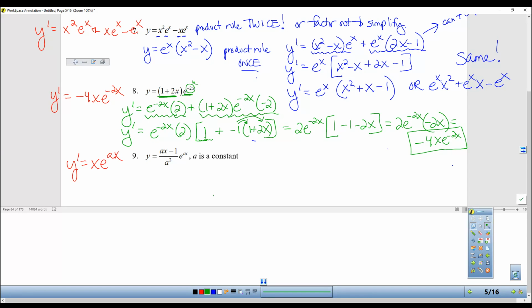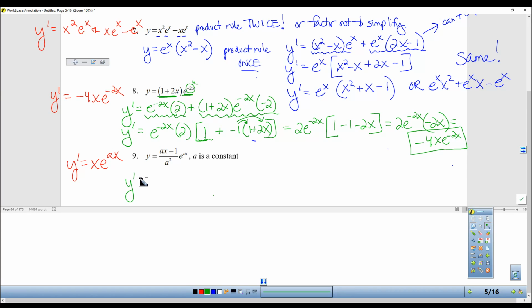So the point of number 9 is to make you understand that if they tell you something's a constant, how does that affect things? So people look at this and they think quotient rule because they see a fraction, but it's only quotient rule if there's a variable on the bottom, not just an a squared, which is a constant.